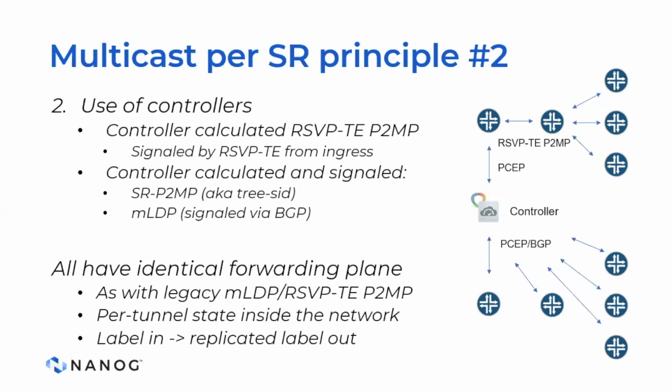The second flavor is that the controller does everything. It does the calculation and it does the signaling. And for that, there are also two flavors. One is what we call SR P2MP, or previously known as tree-SID. The second one is MLDP, and we'll talk about those a bit more later.